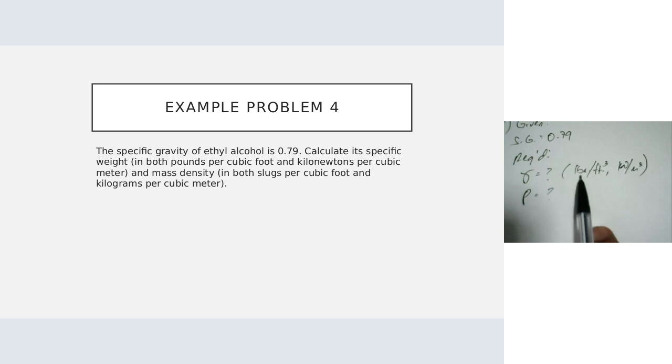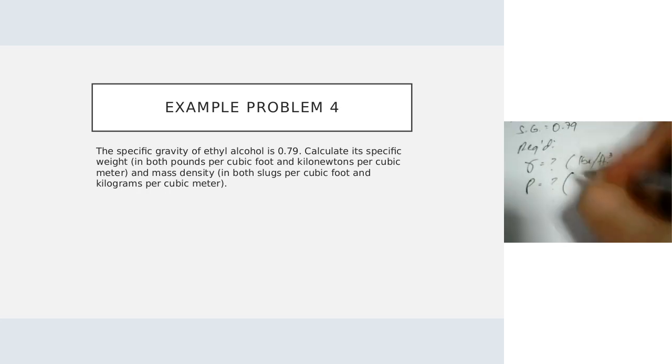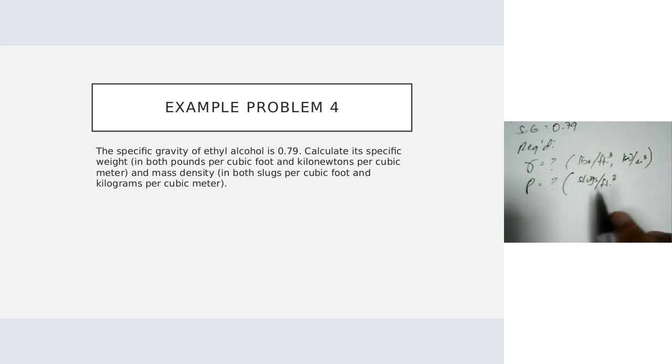So both English and SI unit system. Okay? And then for mass density, we have to get it in slugs per cubic foot and kilogram per cubic meter.